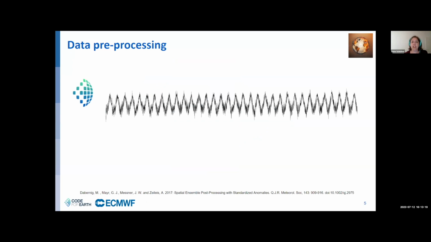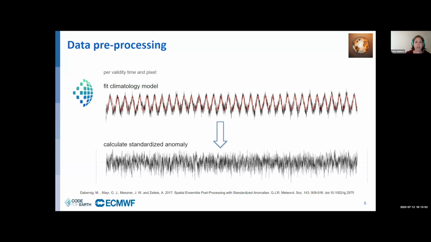To give you an idea of how this works with the residuals, here you see for one grid point for the whole time period of the training, the temperature curve. Then we fit the climatological model, and this is done per time of the day we are downscaling and per pixel separately, so it is really a per pixel model. We have this fitted climatological model and then calculate the standardized anomalies, and this is what you get as anomaly.